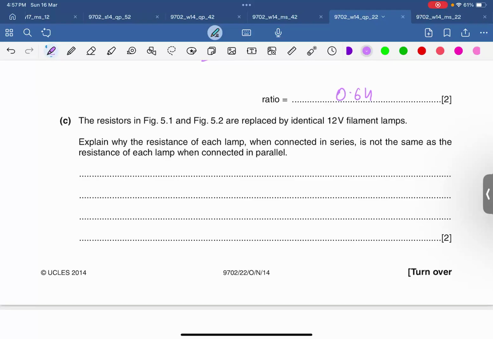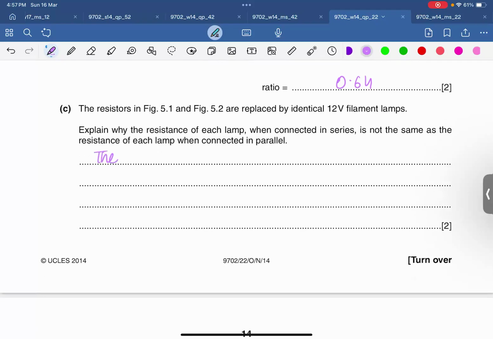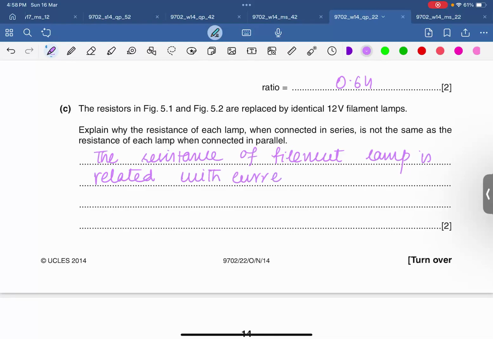So you can say that the resistance of a filament lamp varies with the current. Correct.